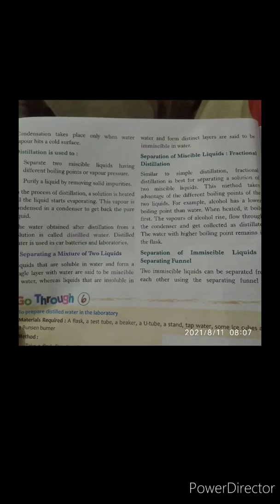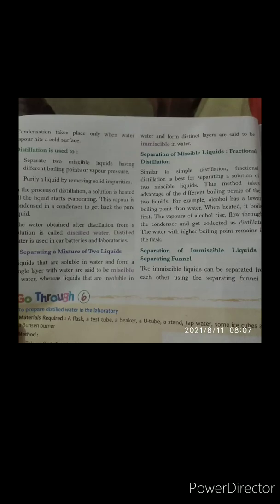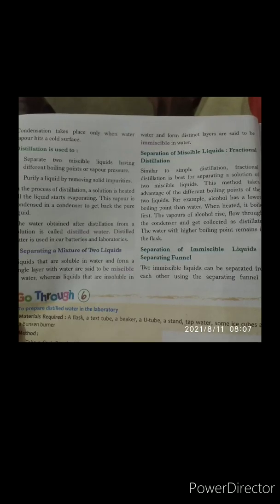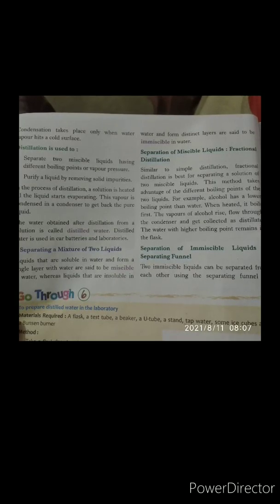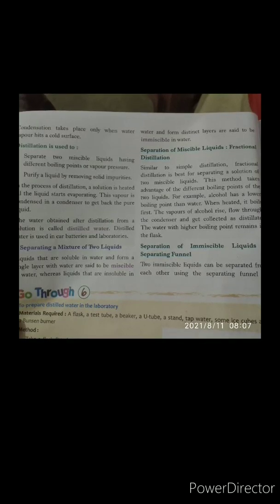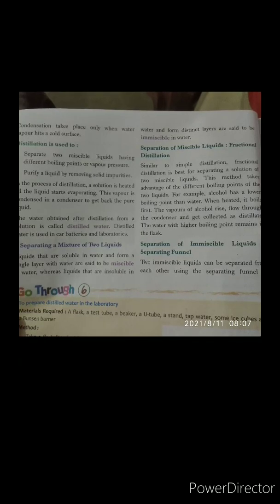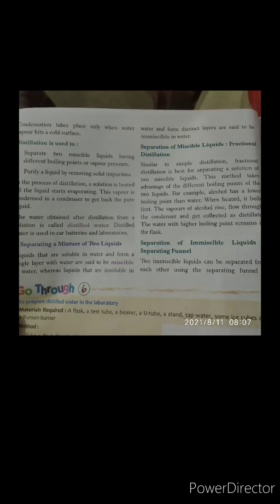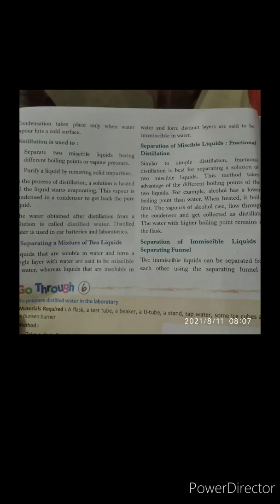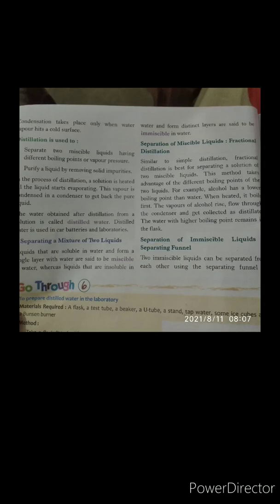If alcohol is mixed with water, how can we separate it? That is explained here. Okay, alcohol has a very low boiling point than water. Then if we heat it, first alcohol will evaporate, and water will stay there. Then we will boil it at about 60-70 degrees. Alcohol will convert into vapor.